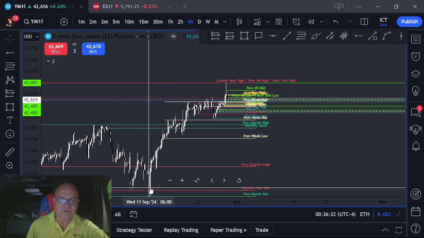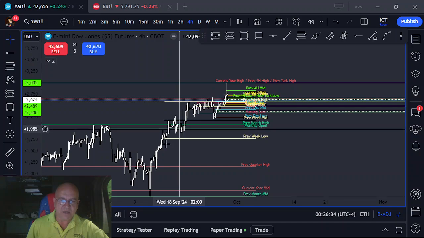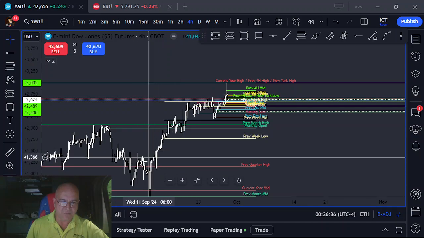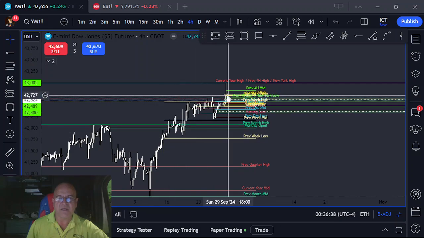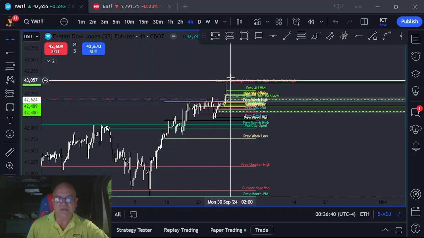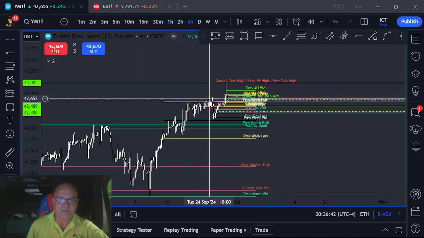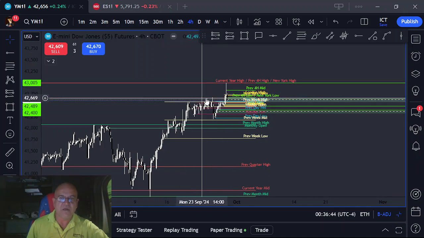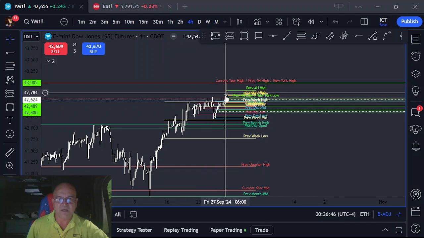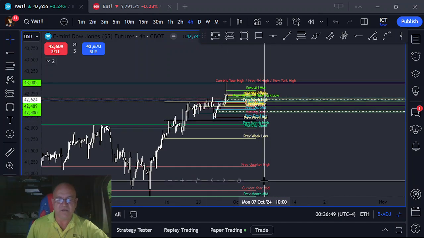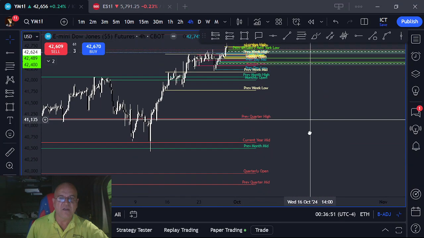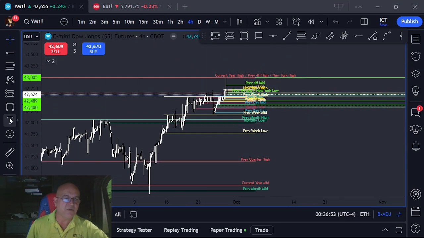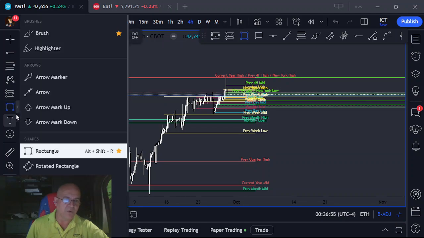We have liquidity drawn here, one consolidation, two consolidations, three consolidations, and then possibly a manipulation move up on the 4-hour out of this range, only to come down and start hitting the sell side of the curve. That is possible.